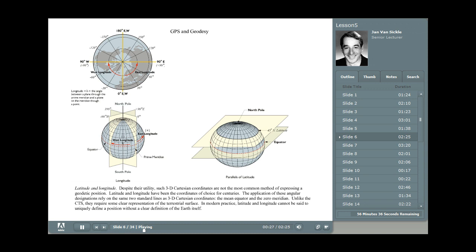Longitude on the left with the prime meridian through Greenwich, or approximately through Greenwich. And then, of course, west longitude, which is negative, is in our neck of the woods, and then east longitude going the other way around, meeting at the 180-degree longitudinal value.